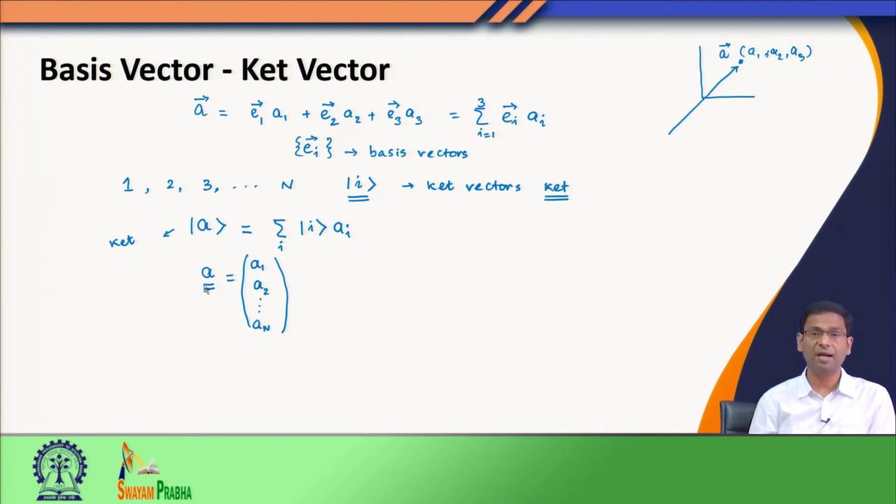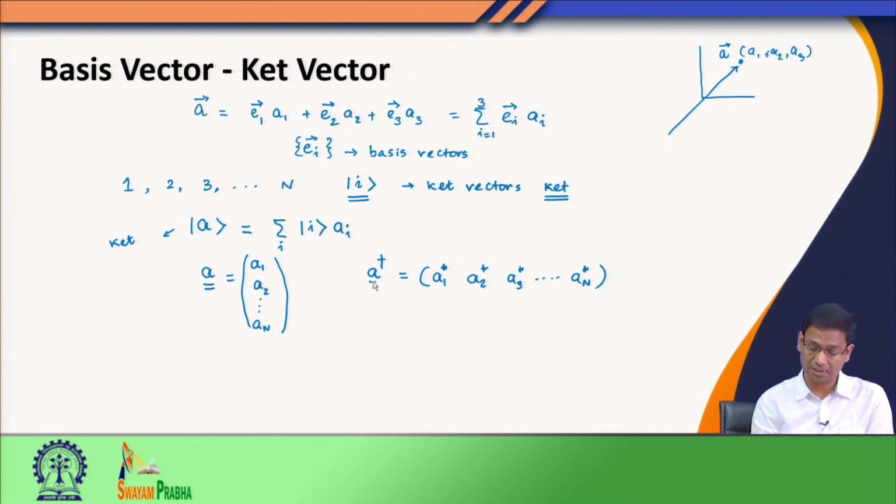Now, when I have defined this matrix A, similarly I can define the adjoint of this matrix. Since this is a column vector, I can define the adjoint of this column vector, which will actually be a row vector whose elements will be A1 star, that is the complex conjugate of A1, A2 star, A3 star and so on until An star.